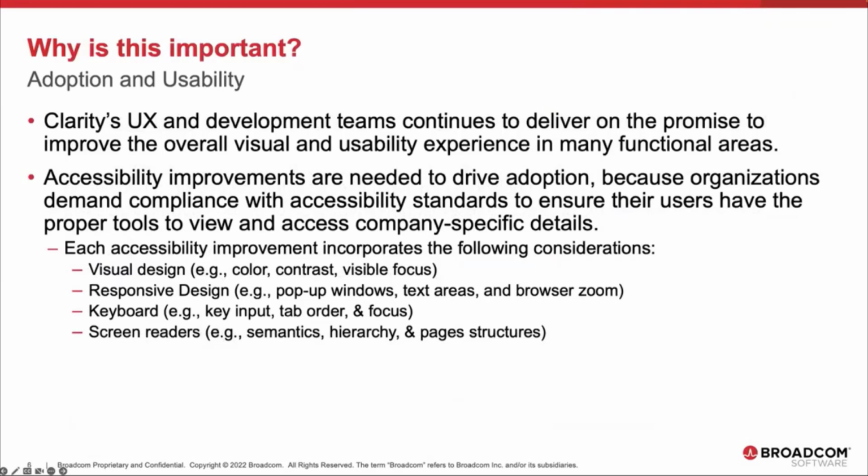Organizations demand that software vendors comply with accessibility standards to ensure that all Clarity users have proper access to perform day-to-day tasks. Each of the improvements considers the four pillars of visual and responsive design, keyboard navigation, and screen readers.